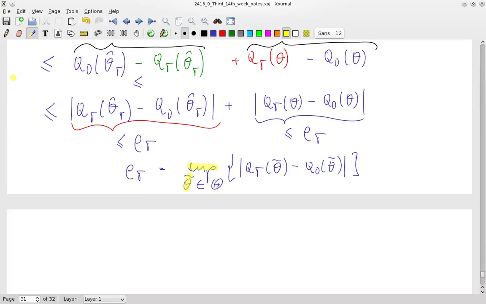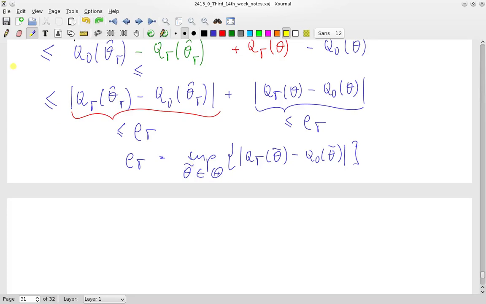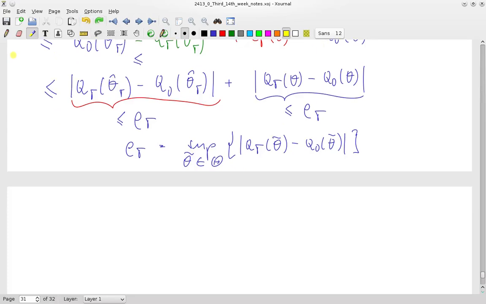If theta hat or theta were not identical to the theta tilde value, this term and this term as well will be less than rho t. And this is the insight that we've gained from the inequality considerations that we've conducted so far.